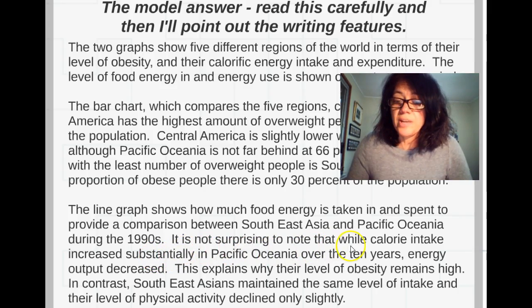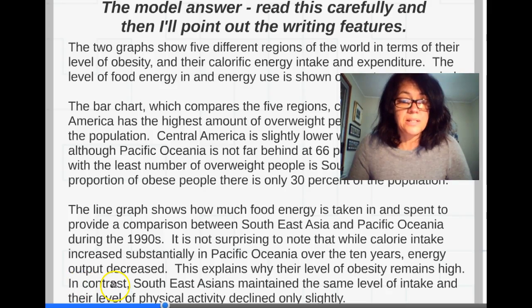It is not surprising to note that while calorie intake increased substantially in Pacific Oceania over the 10 years, energy output decreased. This explains why their level of obesity remains high. In contrast, Southeast Asians maintained the same level of intake, and their level of physical activity declined only slightly.